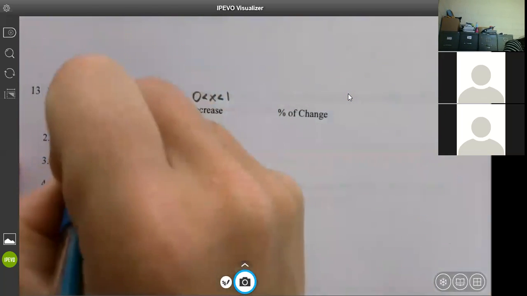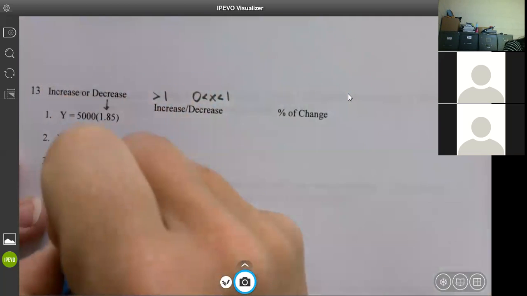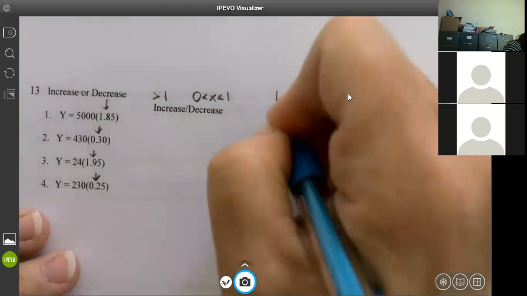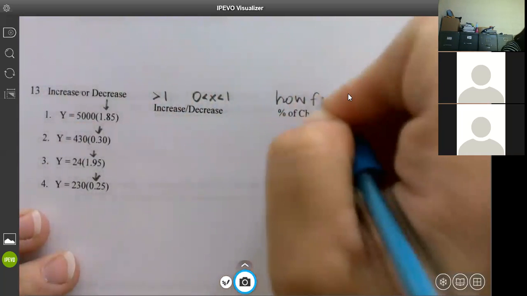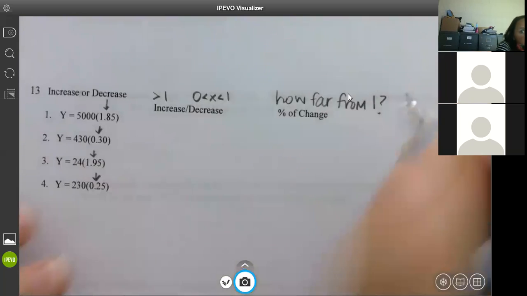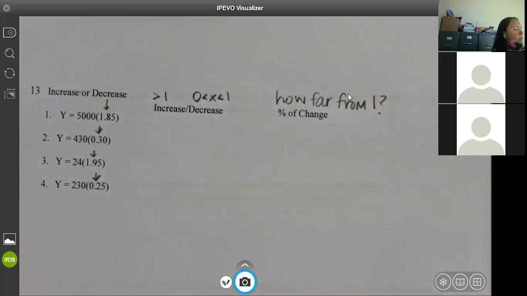That's looking at this number. Decrease is a number between 0 and 1. And remember your percent of change is how far from 1 it is. So don't forget that. How far from 1 is it?